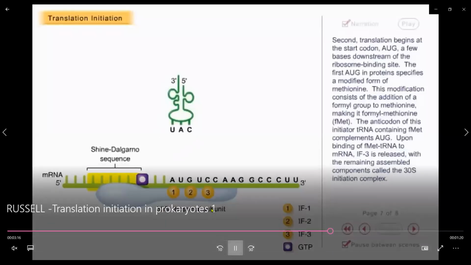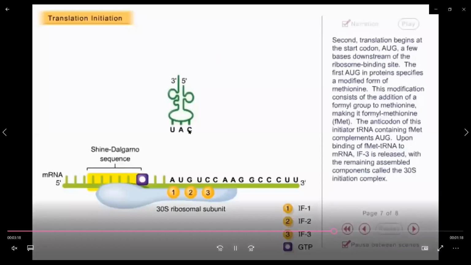So let's see that. This is the initiator tRNA with the anticodon of methionine. We have studied the charging of the tRNA, and methionine has been added. But this methionine is modified. You can see a formyl group being attached to the methionine.